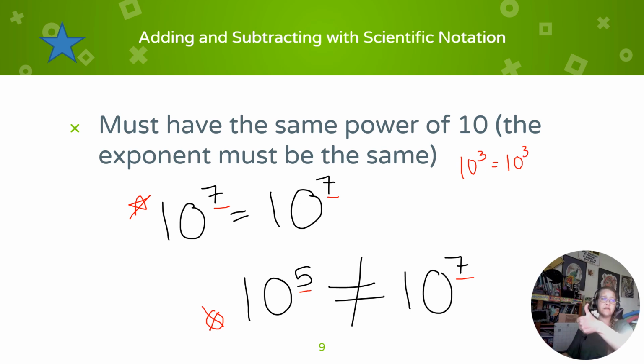Those are good. Those are friends. They will work. But what if we had 10 to the 5th and 10 to the negative 5th? No. Those are not the same. They will not work. The power of 10 must be exactly the same.